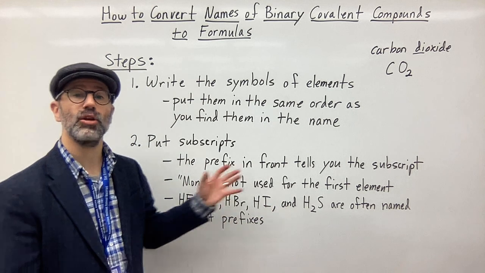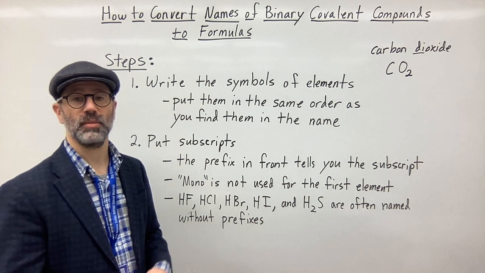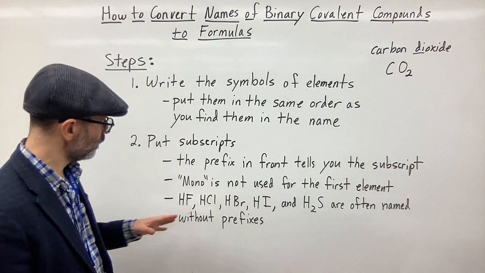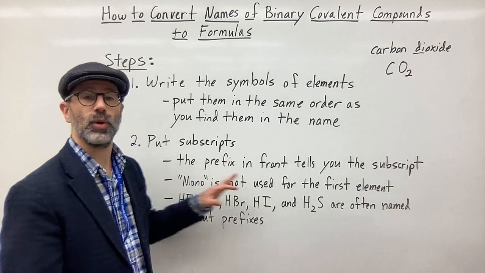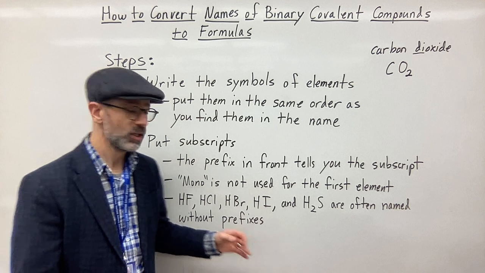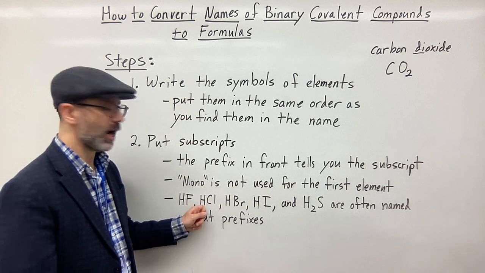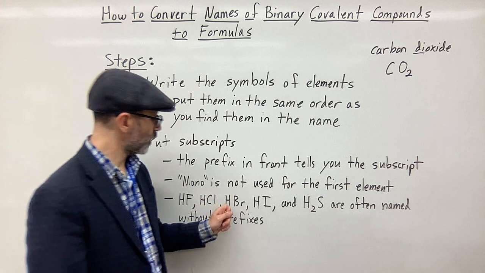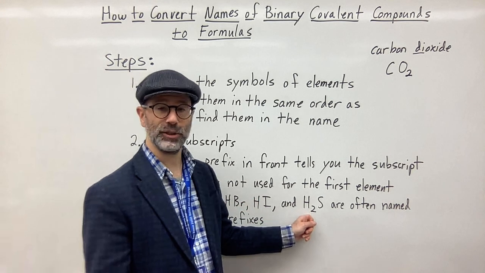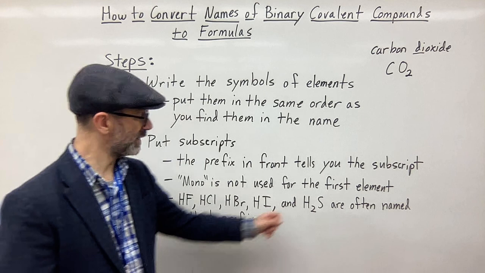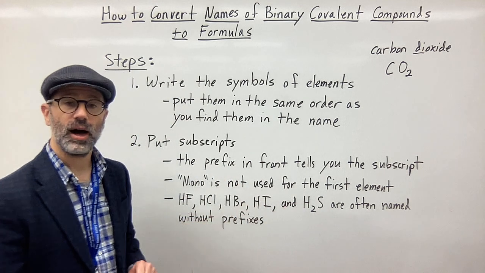You could name it using the strategy that we talked about in my previous video. But many times, they are just written without prefixes, right? So this is just hydrogen fluoride. This is just hydrogen chloride. This is just hydrogen bromide, hydrogen iodide, and this would be just hydrogen sulfide, instead of dihydrogen sulfide. So you've got to remember those exceptions.